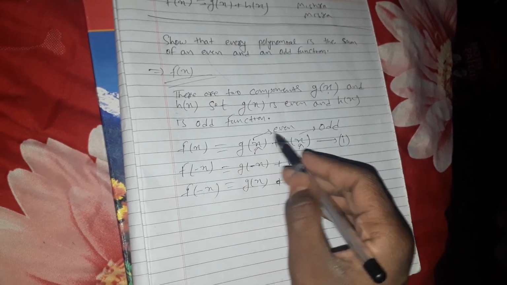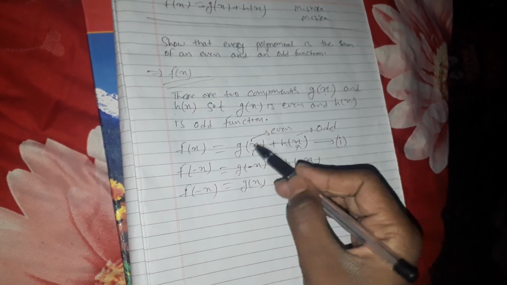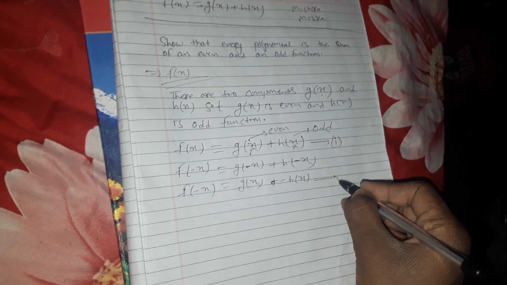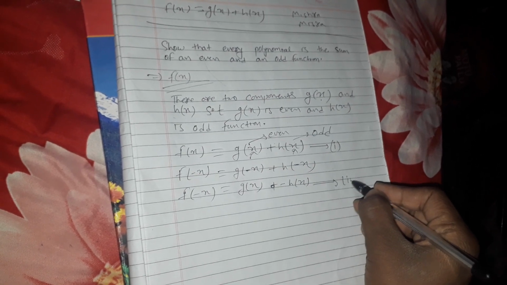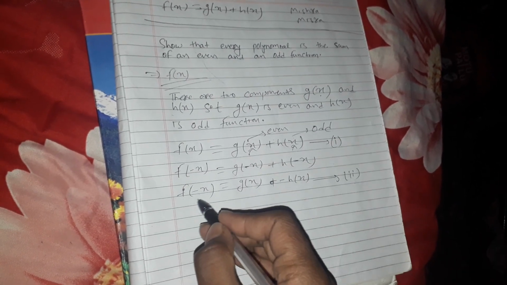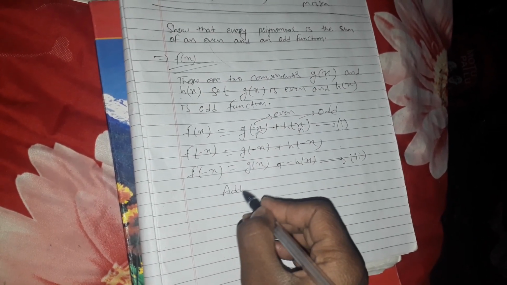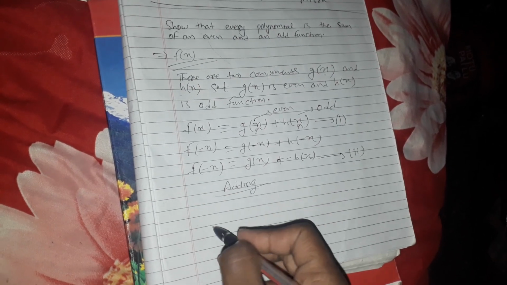This is the first equation, that we know is the combination of even and odd function, and here's the second equation, computed by computing f of minus x. Let's add them both. What do you get?